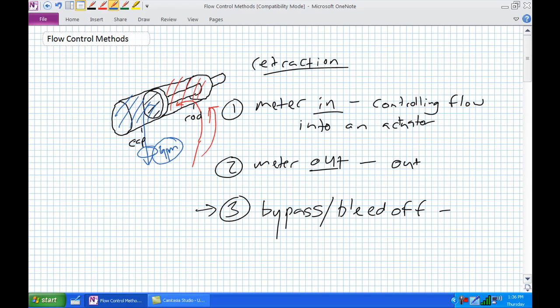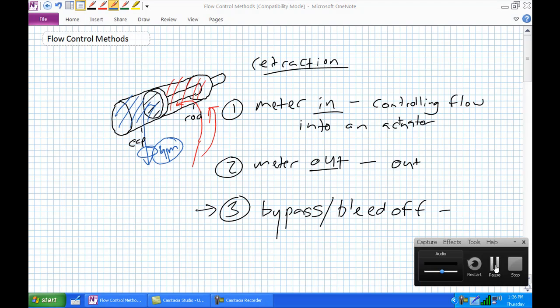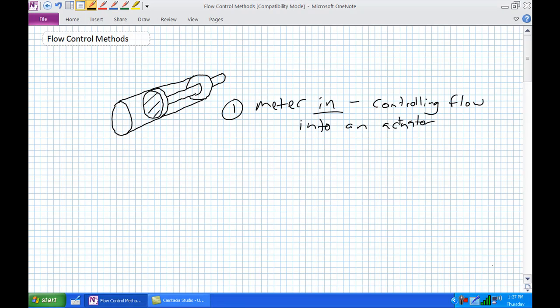Okay, so meter in versus meter out. Let's take meter in first. Again, meter in, controlling flow into an actuator. Schematically, what's it look like? Let's say I want to have meter in extension. Where do I control the flow?